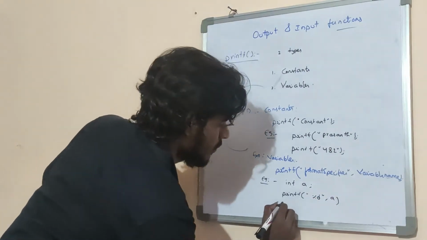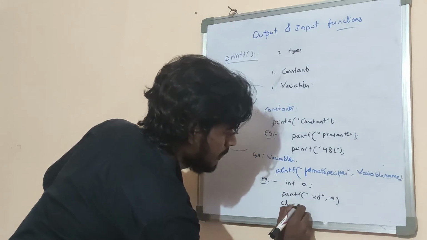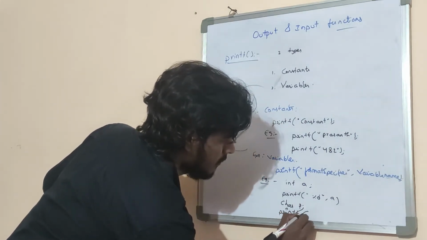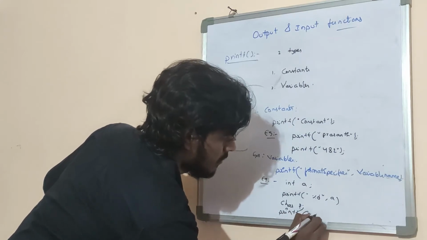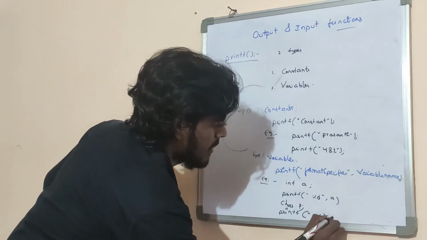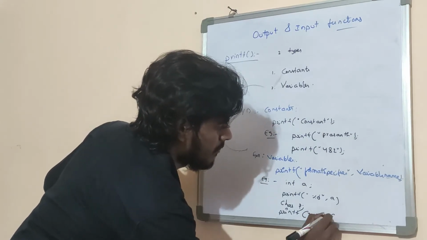Okay, another example, char p, printf. What is the format specifier for a character? %c, comma, p.